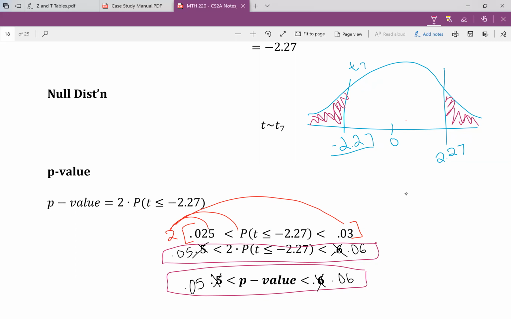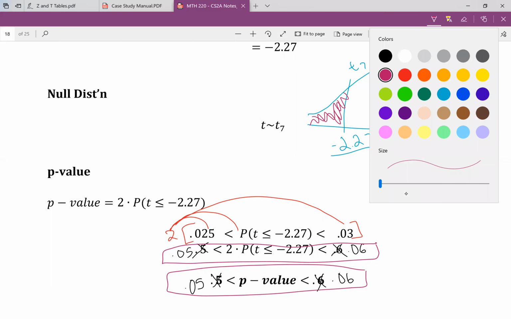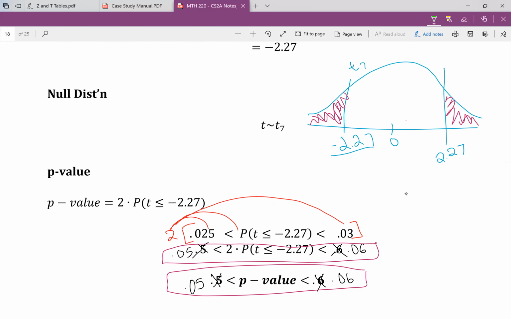Now we need to state our decision based on alpha equals 0.05. Well, we actually have 0.05 in our p-value statement here. So look what it says. It says 0.05 is smaller than our p-value. So that means alpha is smaller than our p-value.